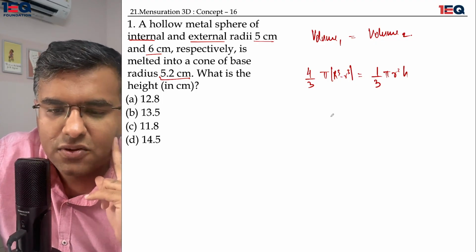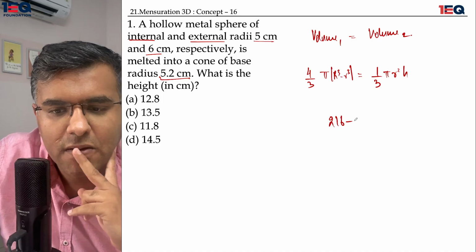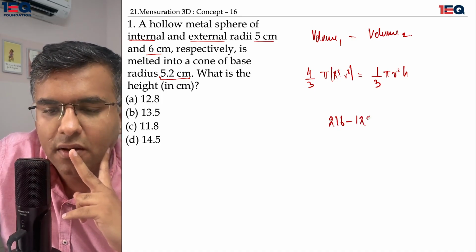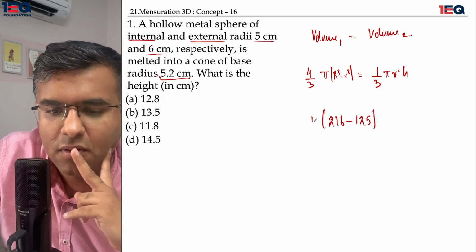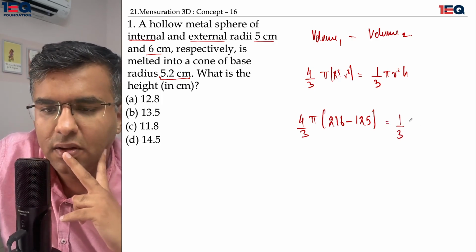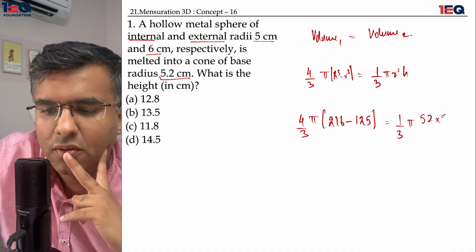So 6 cube is 216, small r cube or 5 cube is 125. The pi would remain here, 4 by 3 would come here, 1 by 3 pi 52 into 52 into h.